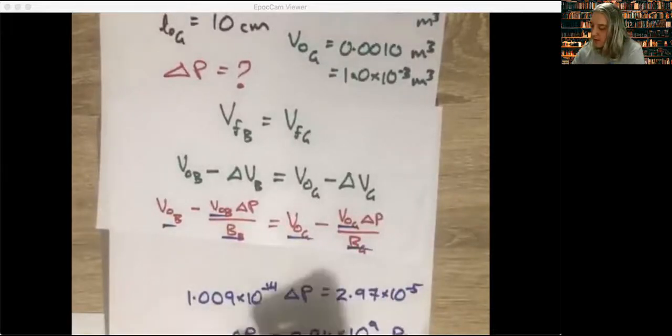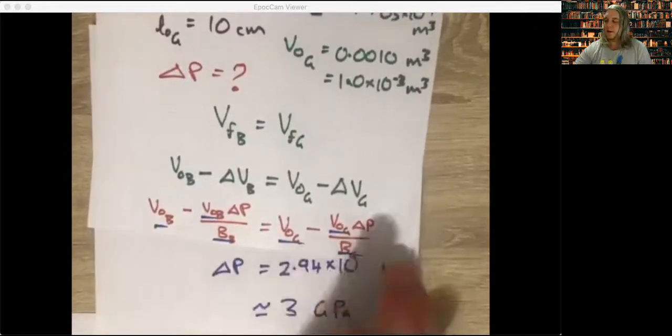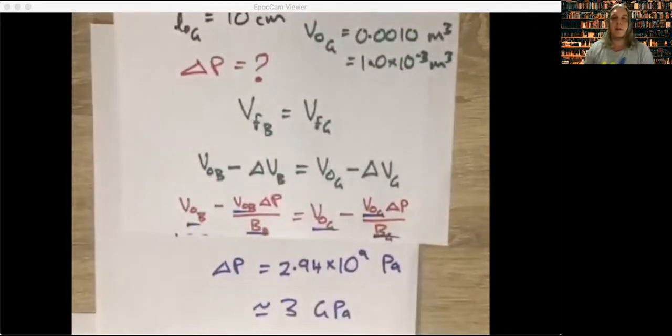That is around about 3 gigapascal, or 2.9, but around about 3 gigapascal. The reason I mentioned gigapascal is because the bottom of the Mariana Trench, the deepest place in the oceans on Earth, so the deepest we can possibly get by going underwater, is around about 0.1 gigapascal.